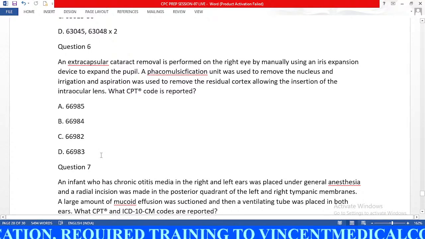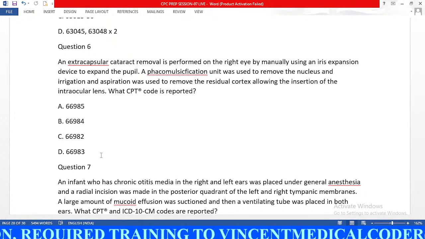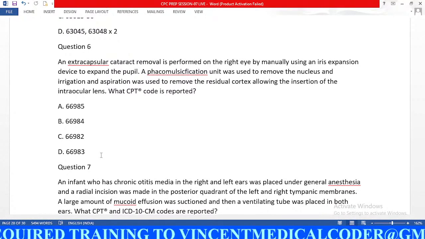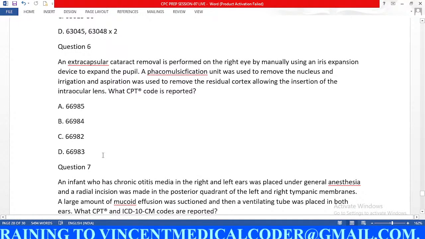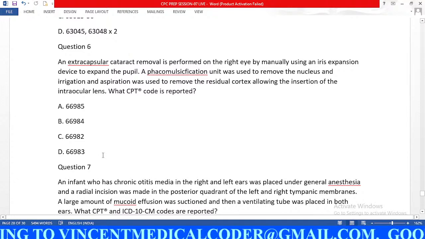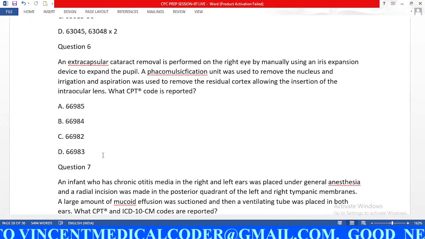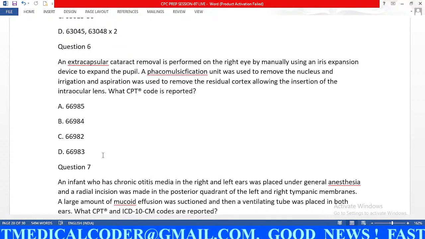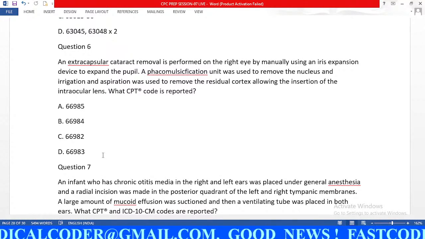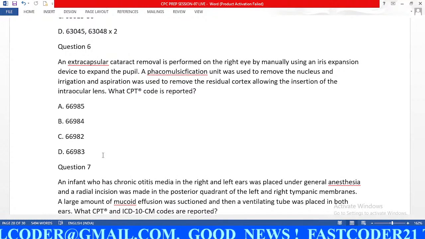Now it is 10:27. It is very easy only. We will start discussion at 10:30. So I hope everyone writes the correct answer for this. Meanwhile, if you write the answer, just check Google for what is extracapsular cataract. So we have in CPT extracapsular and intracapsular.